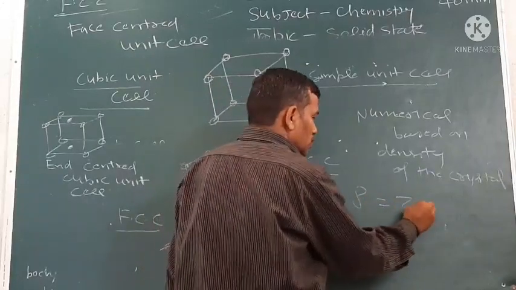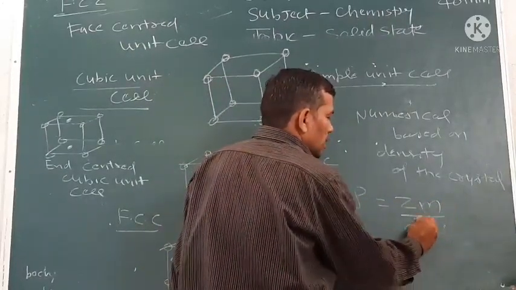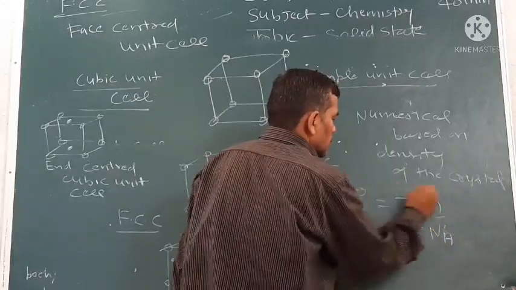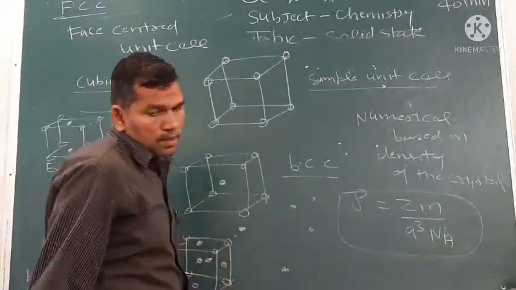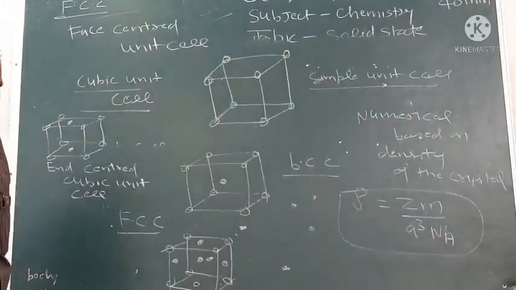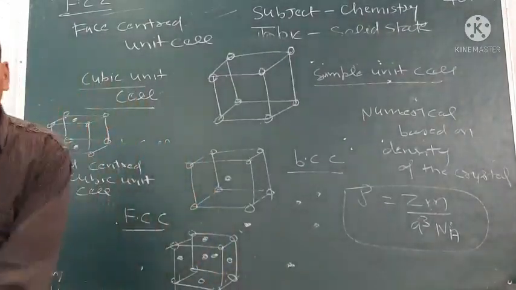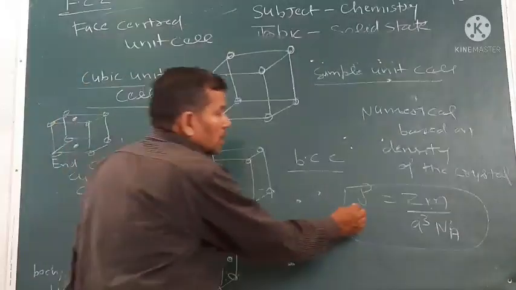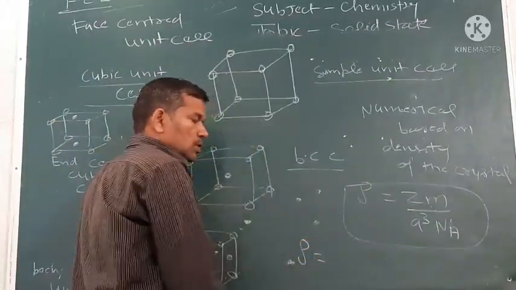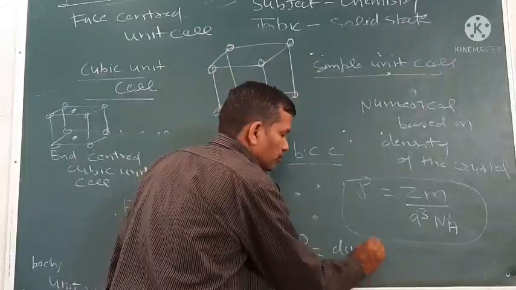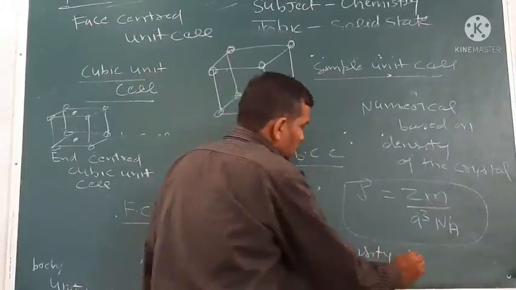Rho is equal to Z M by a cubed Na, and it is an equation. Rho means the density of the crystal.